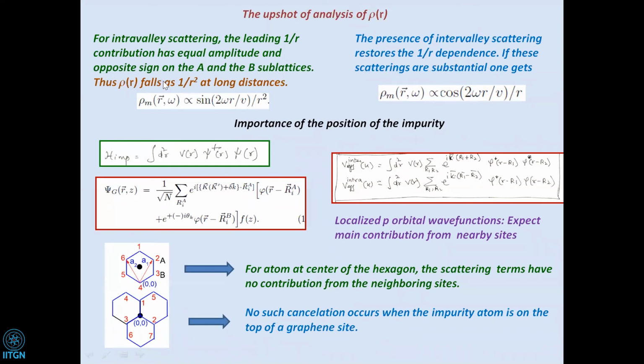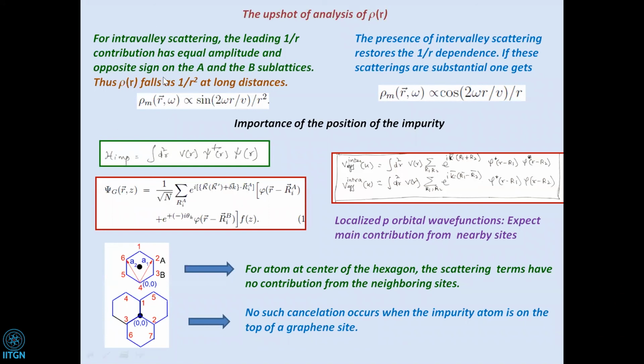But if you have intra-valley scattering, the electrons can scatter from one point of the Fermi surface in a valley to another point there. But if the amplitude of that scattering is calculated, you find that there is no 1 over r dependence here.